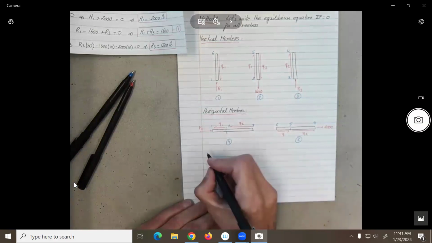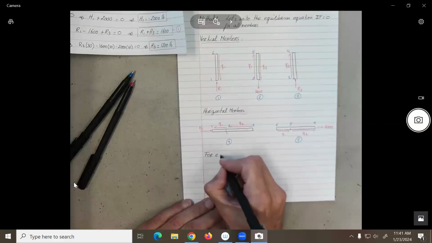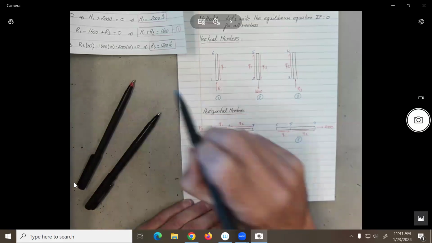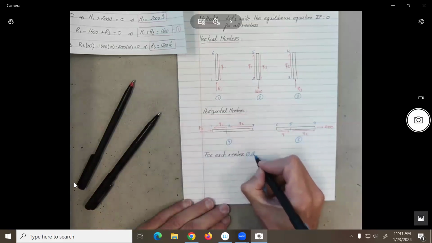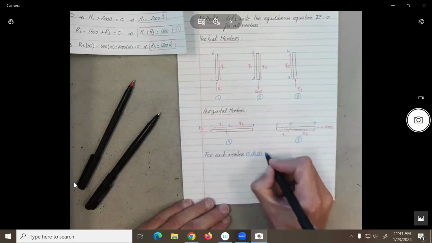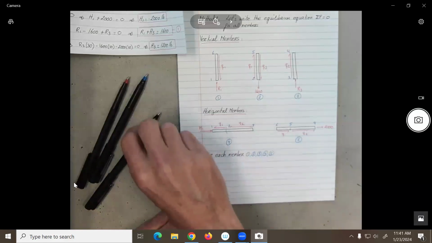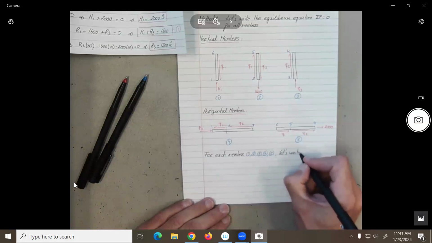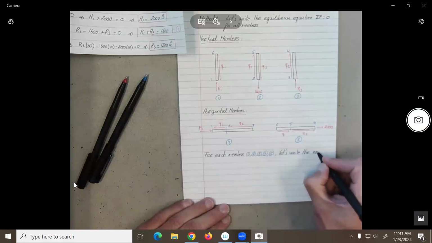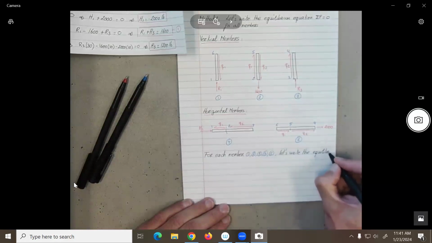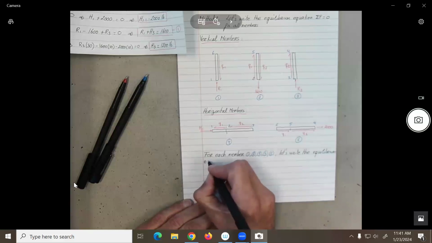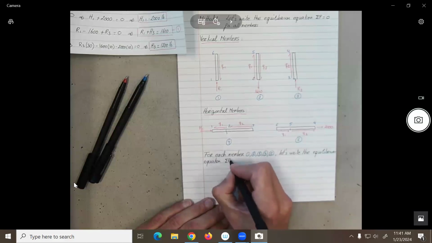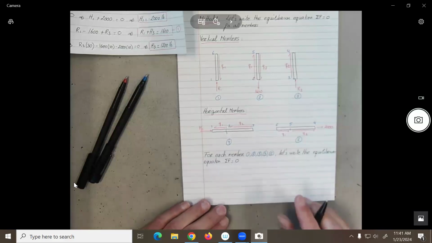Okay, so now what we're going to do is that for each member, 1, 2, 3, 4, 5, let's write the equilibrium equation, summation of forces equal to 0.